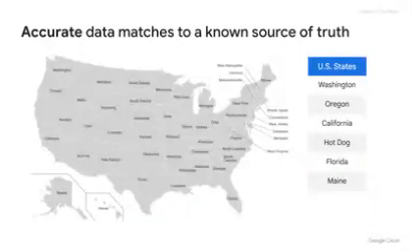Moving on, data has to match a source of truth, right? That's what makes it accurate. Say if you're in the United States and you're presented with this list, Washington, Oregon, California, hot dog, Florida, and Maine, and you're like, wait a minute, I don't remember a U.S. state called hot dog. It doesn't match what we know as a source of truth. So it's a string. It matches in terms of data value, but against a known lookup source, it doesn't necessarily match.